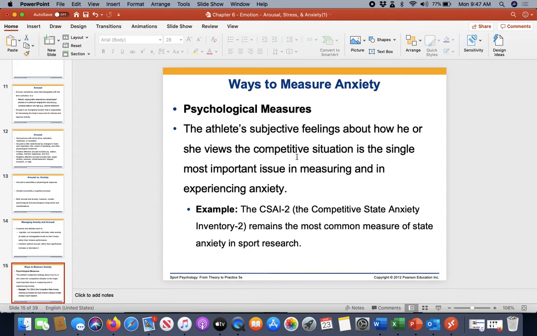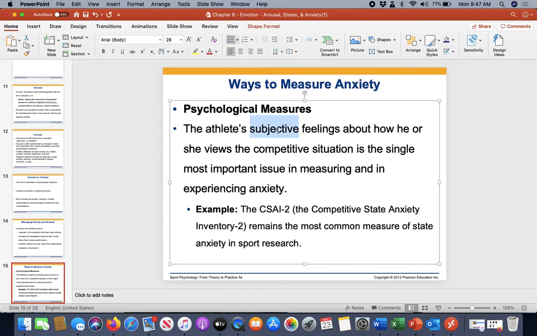In terms of how do we measure it, well, there is something called the Competitive State Anxiety Inventory, or the CSAI-2, that basically a player can take, and it gives them some sort of feeling about that actual state anxiety. Okay. Now, a couple of terms here. Athlete's subjective state.